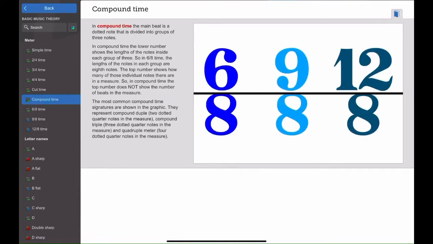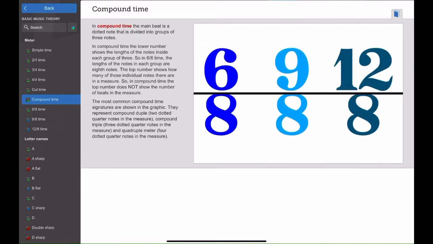Now, compound time is different: the main beat is a dotted note, which is divided into groups of 3 notes. So in 6/8, you would have six eighth notes, but they will be grouped together in 2 dotted quarter notes. The dotted quarter note has 3 eighth notes, so it has 2 dotted quarter notes, or six eighth notes.